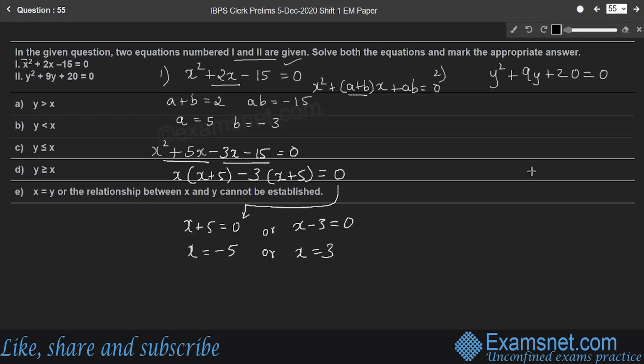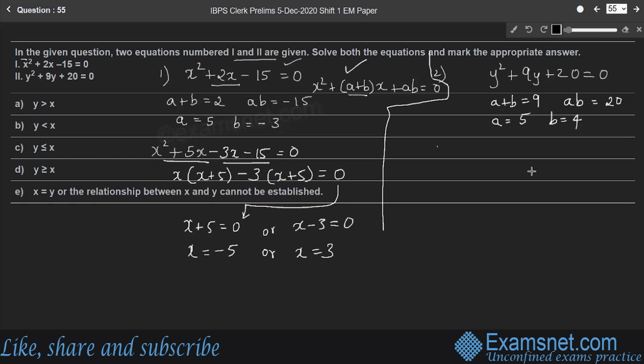The second equation is also in the form of x square plus (a plus b) into x plus ab, where a plus b is plus 9 and a into b is plus 20. So a is 5 and b is 4.